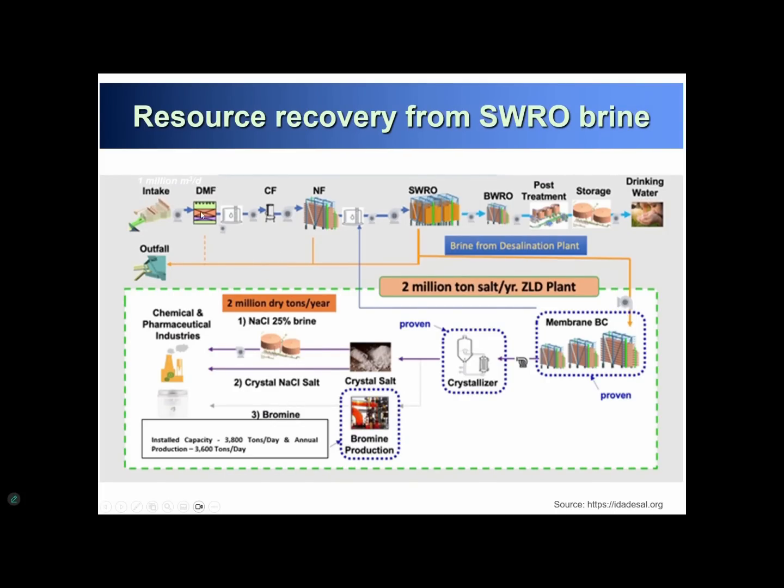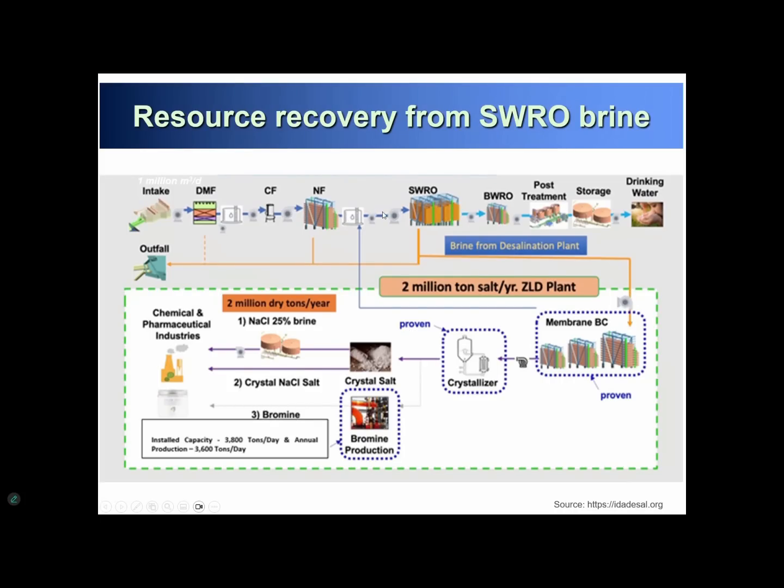So they tried to develop the world's largest desalination plant, 1 million cubic meters per day, going through dual media filtration, cartridge filter, and nanofiltration. Monovalent ion goes through the SWRO, and then divalent and multivalent ions go to the brine harvesting plant.